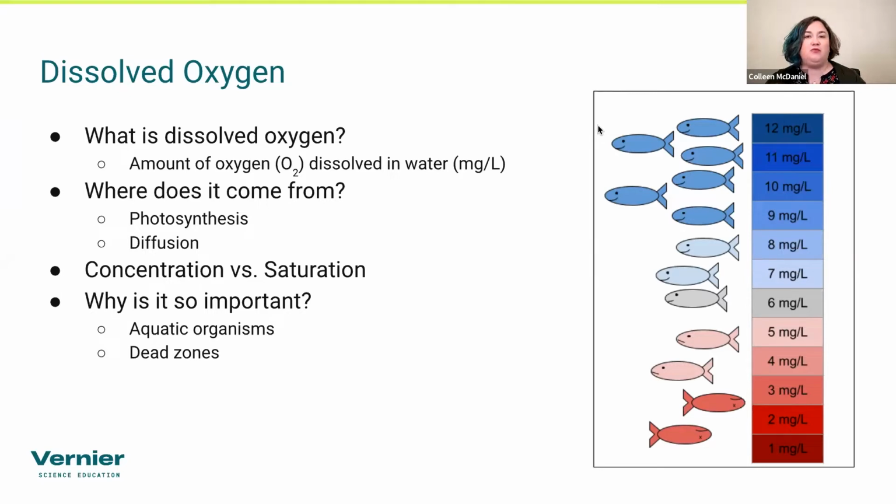We're specifically referring to aquatic environments and oxygen, O2, that has been dissolved in water. That's why usually when we do measurements, we talk about them in milligrams per liter, because we're looking at the actual concentration of how much oxygen is present in the water.